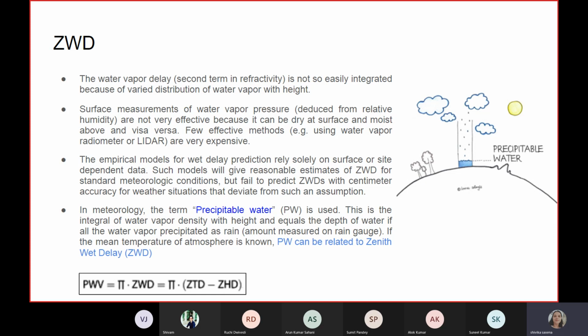All these represent the same phenomenon, that is the precipitated water inside a constant unit area volume, into this column. If all the clouds are precipitating as rain inside this column of constant unit area, then the depth of water that has been filled here will be known as the precipitable water vapor.